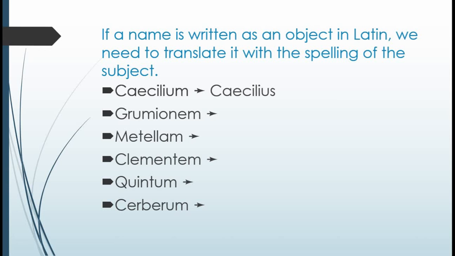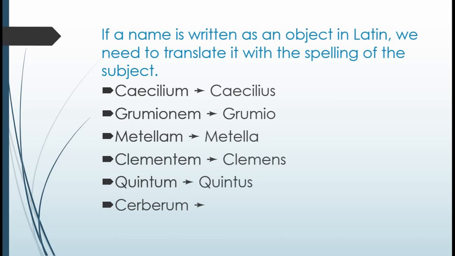His name is Caecilius, and that is how we write it in English. Grumionem, we write his name as Grumio. Metellam, Metella. Clementem, Clemens. Quintum is Quintus. And Cerberum is Cerberus. That's how we write all of these names when we translate them in English.